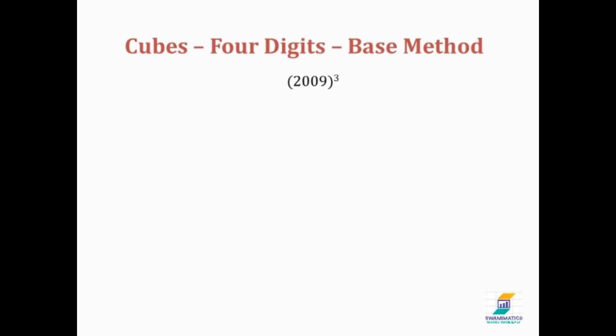I have taken the number as 2009 cube. The number is 2009. Since it is close to 2000, I am taking the base as 2000. Please note, a number with 3 zeros. S is equal to 2, D is equal to 9.